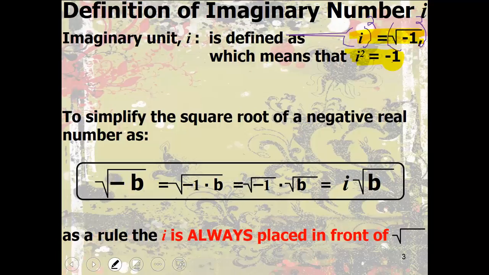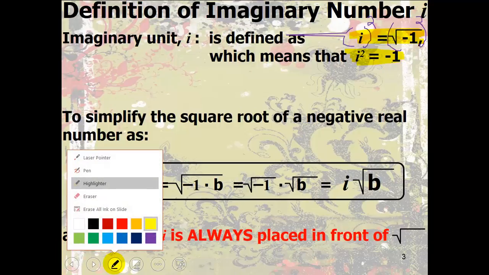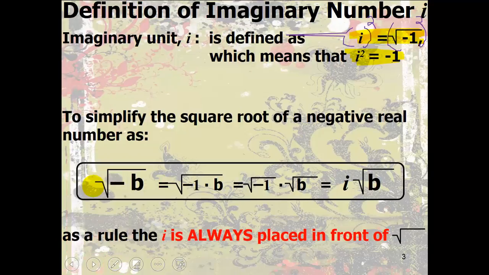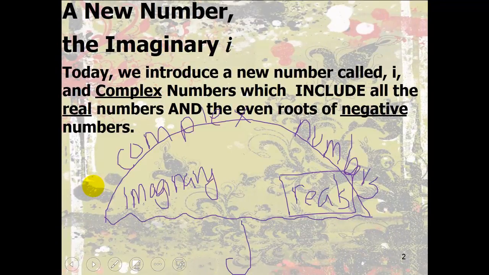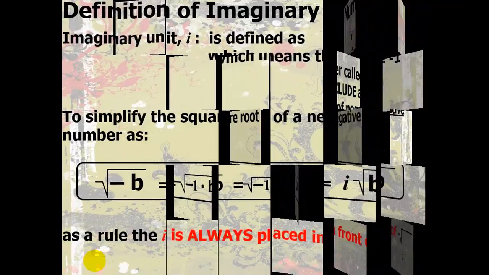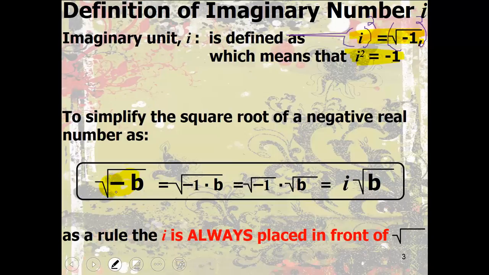To simplify the square root of a negative real number, we're going to first see what it looks like. We would have a negative under the radical sign, like this.